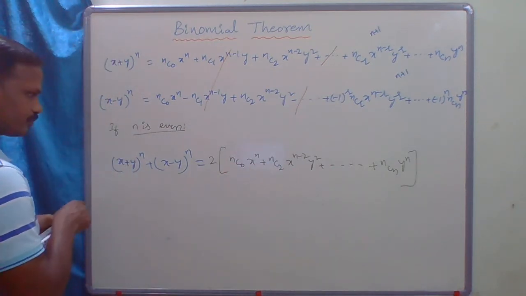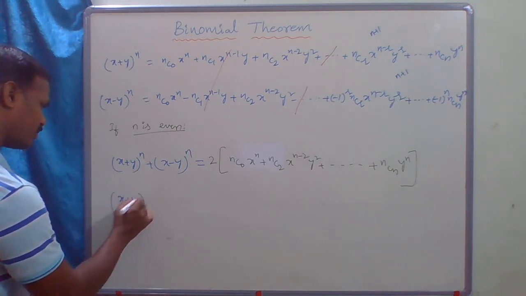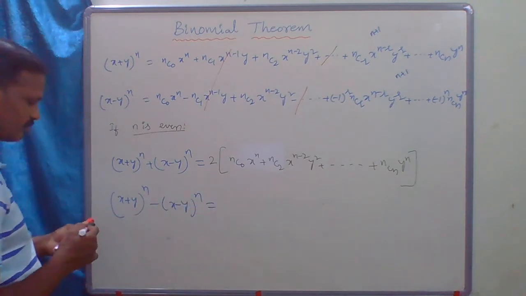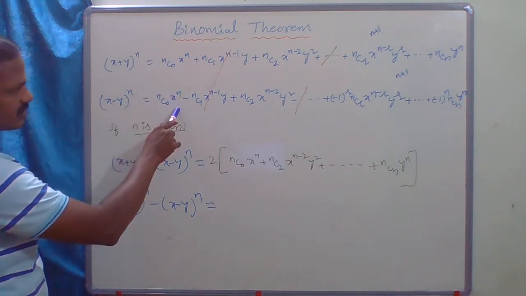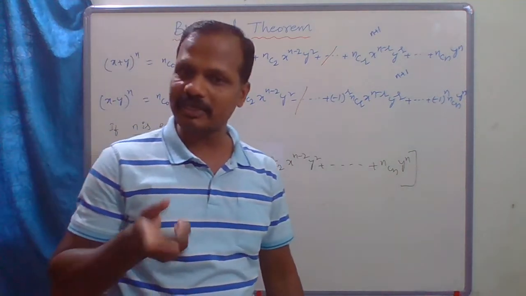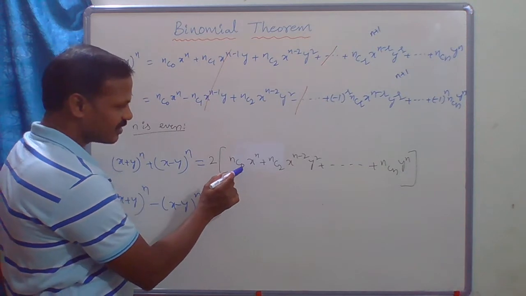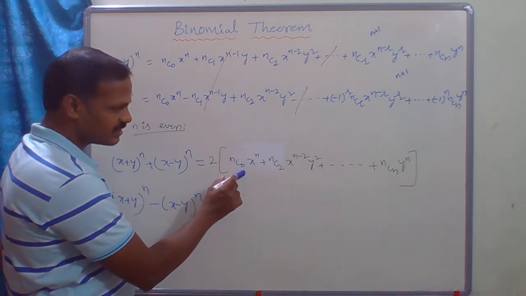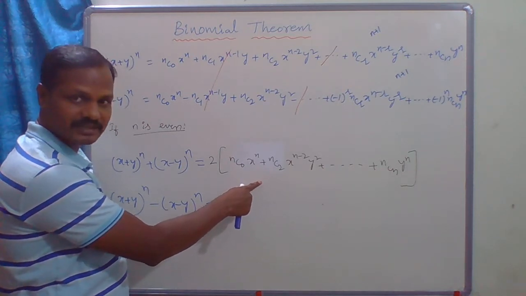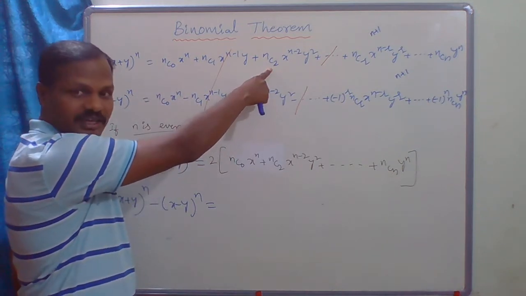Now if you take (x + y)^n − (x − y)^n, then if you subtract, the odd number terms will be cancelled. These are nC0, nC2, these are odd number terms, yes or no? nC0 is the first term, this is the third term, clear?